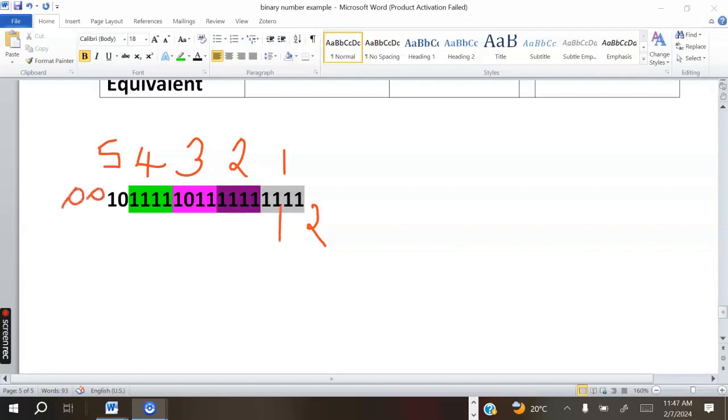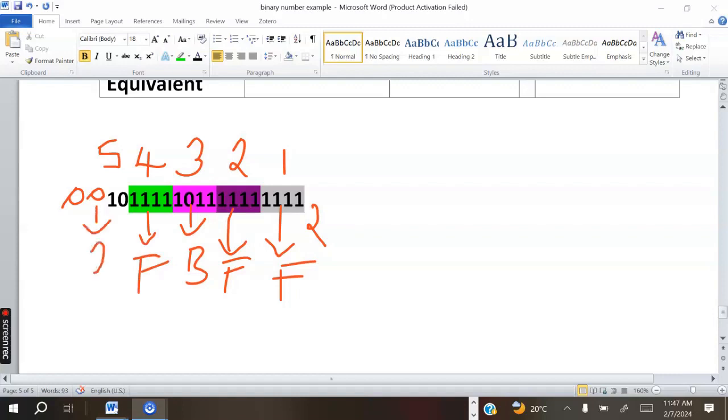Then use now the conversion table to get the value for that. This is supposed to give us F. This is giving us F. 10, 11. This one is supposed to give you B. This one is supposed to give you F. Then 0, 0, 1, 0 is supposed to give you 2, this last bunch.